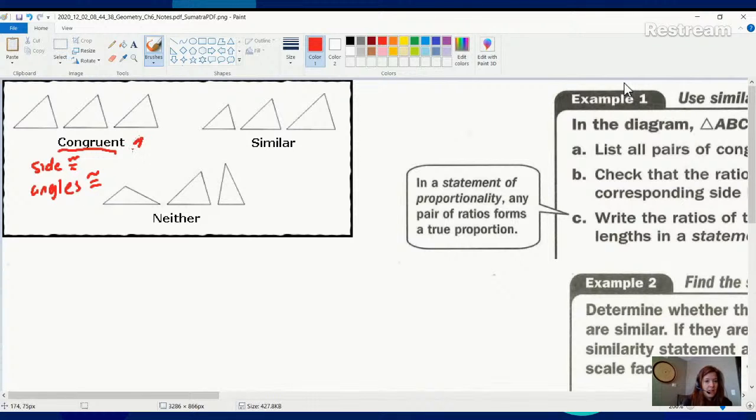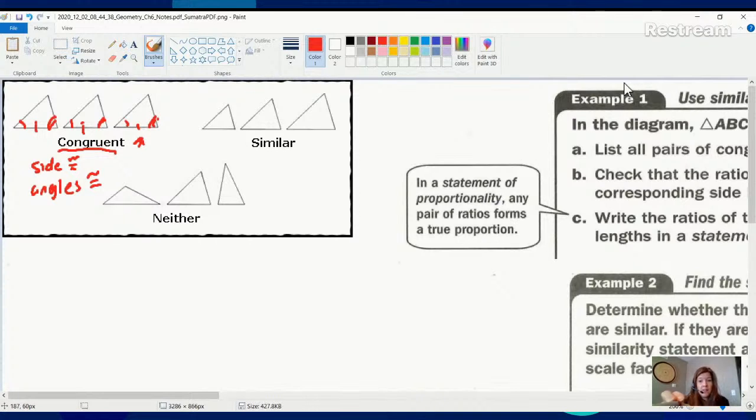So you can see right here, these three triangles all appear to be congruent. Geometrically, we would really want to see something like this, an angle, side, angle, that would tell us that these triangles are actually congruent to each other, right? But you guys can see that they all look the same.